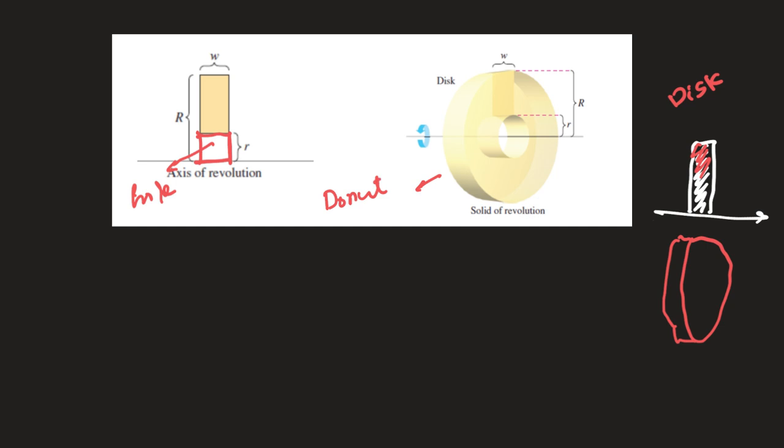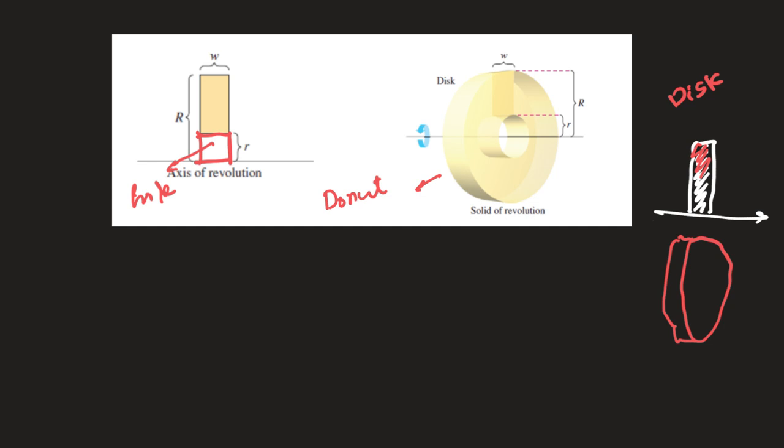Now this one is a donut, so let's find the volume of this 3D object. How can we find this volume? It looks like the volume of the big disk minus the volume of the small disk.